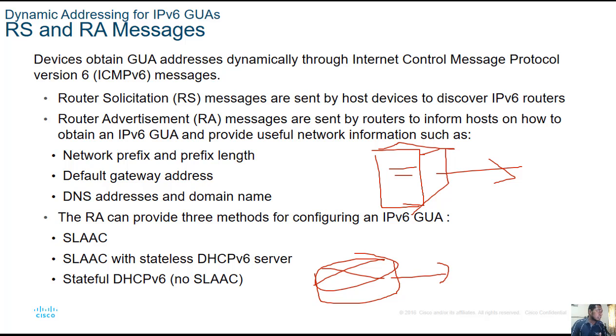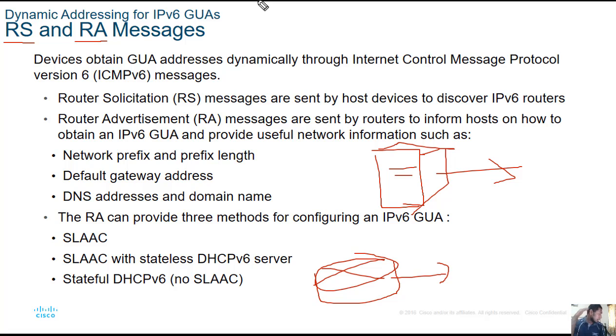The key concept here is this: it all depends on two things, router solicitation messages, RS messages, and router advertisement messages, RA messages. Two types of messages are used, RS and RA messages. So for end devices, for any device that's configured to act as a DHCP client, it will obtain global unicast addresses dynamically through the ICMPv6 messages.